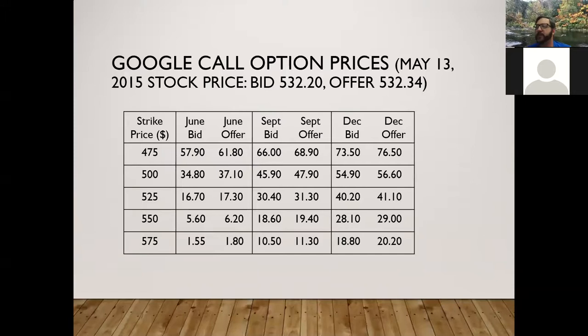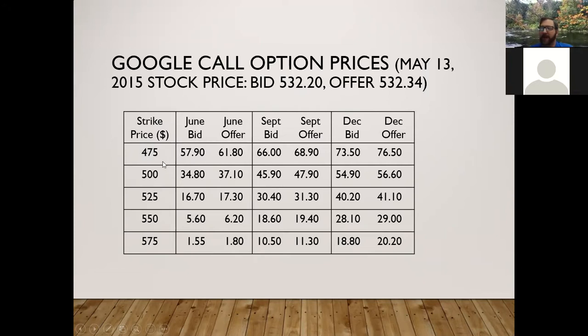And this is just to show you some examples of Google. This was on May 13th, about 5 years ago. You see the bid and the offer, or actually I probably should have put bid and ask in this particular case because we're looking at the stock. So the stock was trading at $532 and somewhere between those 2 cents. And so we have strike prices.